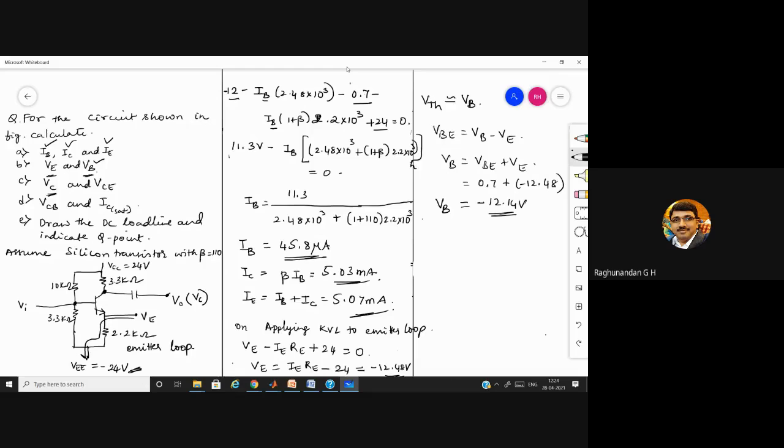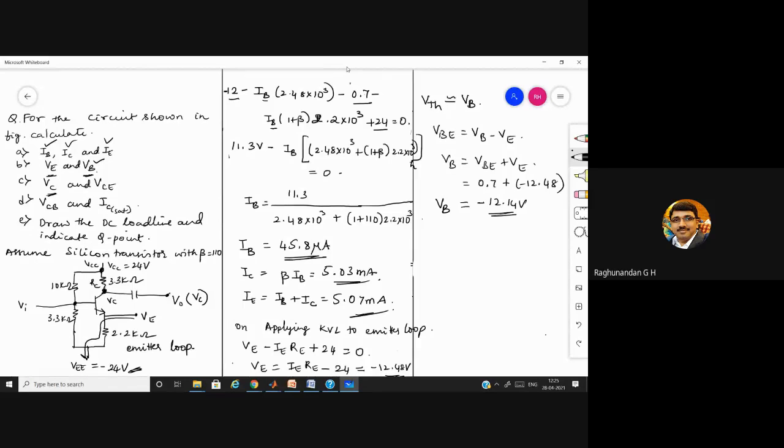If we take the potential difference between this node and this node, can we get VC? So this is RC, this is VC and this is VCC.